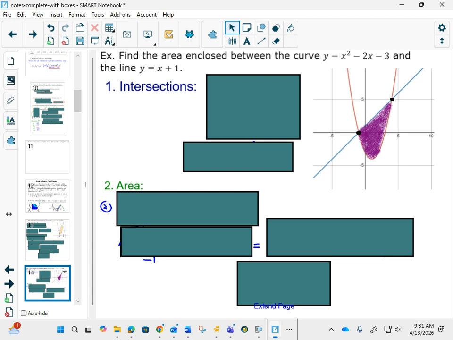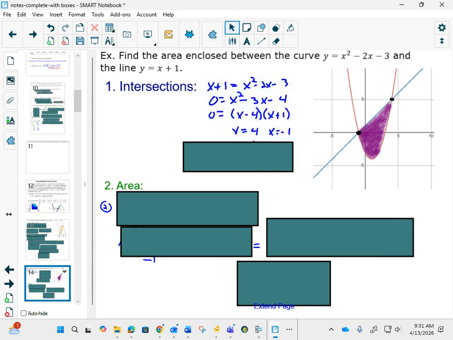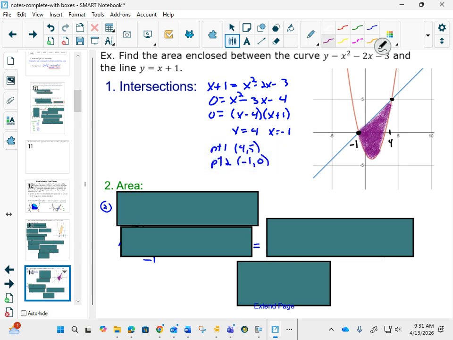So first, we always need to find out where we're going from. Where do they intersect? Well, you set one equal to the other. We solve, this one is at -1. Over here, this is at 4. We could label these points if we wanted to. (4, 5) and (-1, 0) are where these 2 graphs intersect.